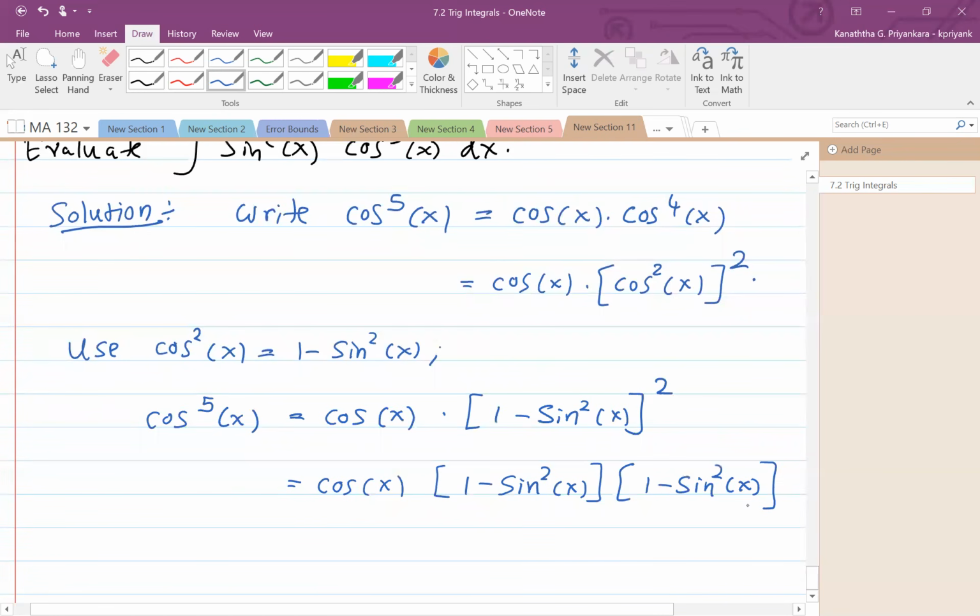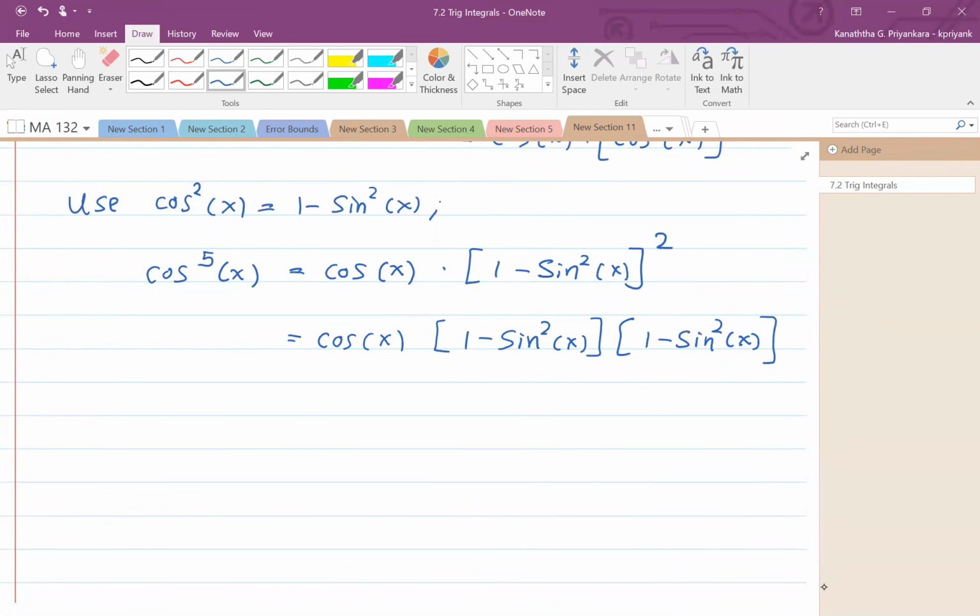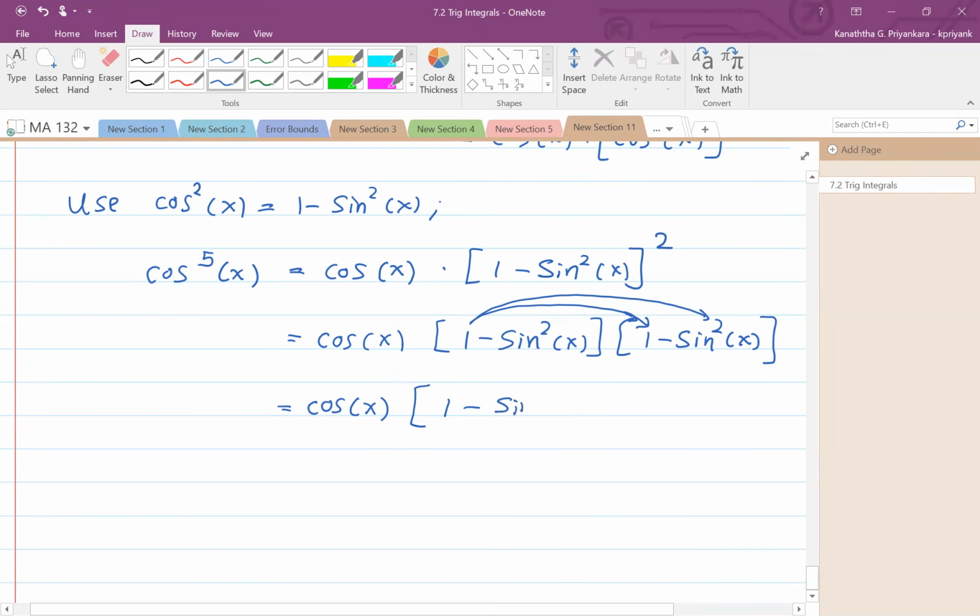I'm going to simplify this as much as we can. So we have cosine x. If I multiply the first two, I get 1. Then we get minus sine squared x, and again minus sine squared x. Multiplying the last two, we get plus sine squared times sine squared, so we get sine to the power 4x.